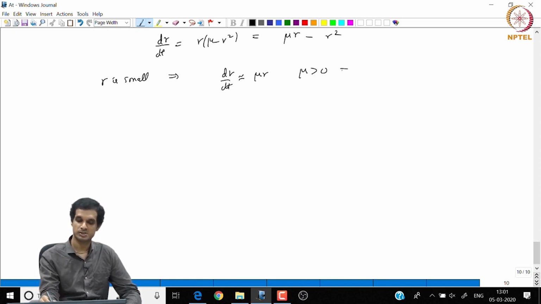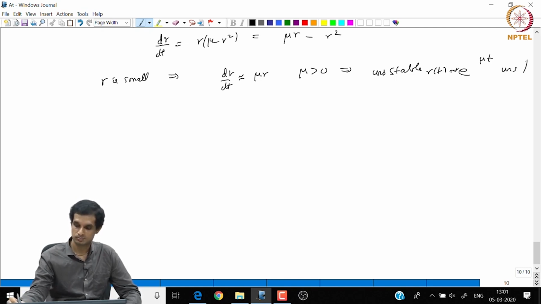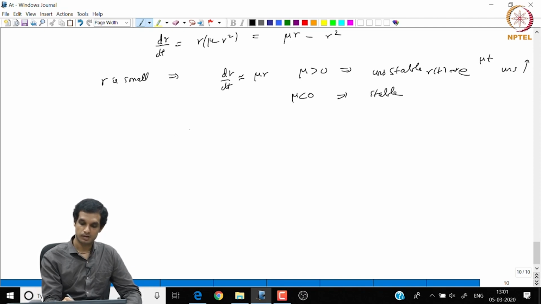So when mu is positive, we see it is unstable, because the solution r of t grows as e power mu t, so it grows. Whereas when mu is negative, this is stable.